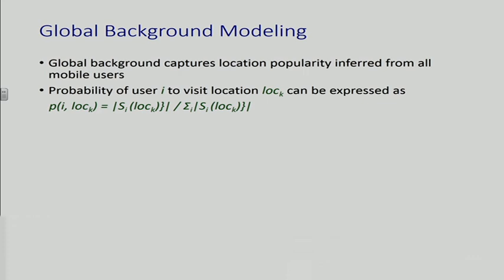Okay, so it's the number of times this user has visited this location versus the number of times all users have visited this location. By summing these probabilities and multiplying that with the log term, they capture the popularity of a given location, and they quantify it as the entropy of that location.